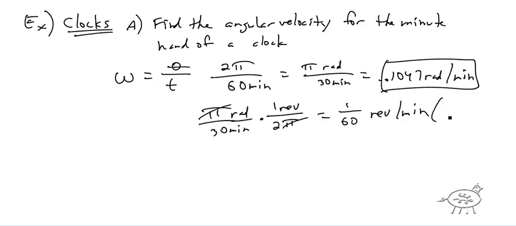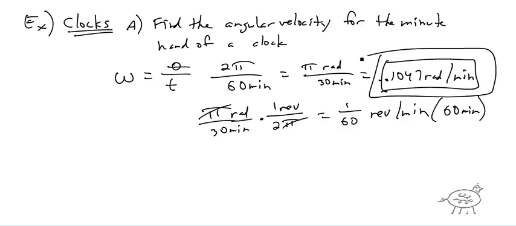If I multiply by 60 minutes, which is 1 hour, I get 1 revolution. 60 minutes is 1 time around the clock. But this one right here is what I was looking for, omega, because it is in radians per minute.